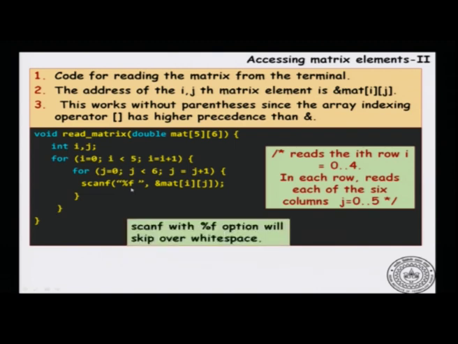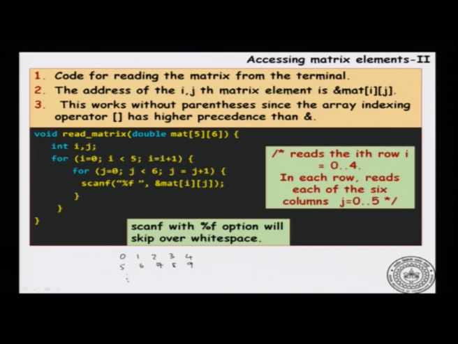Now, the way scanf works, scanf with the %f option will skip over any white space. So, in effect what it means is that if I had to enter a matrix of size 5 by 6, I can enter it in multiple ways. I can enter it in the most natural way, which is 0, 1, 2, 3, 4, 5, 6, 7, 8, 9 and so on.